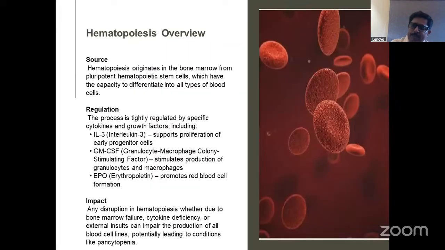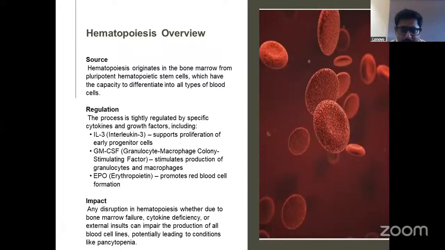Let's go to some basics of what happens in hematopoiesis. Hematopoiesis originates in the bone marrow from the pluripotent hematopoietic stem cells, which have the capacity to differentiate into all types of blood cells, and which is tightly regulated by specific cytokines and growth factors: interleukin 3, which supports proliferation of the early progenitor cells; the granulocyte macrophage colony stimulating factor, which stimulates the production of granulocytes and macrophages; and the erythropoietin, which promotes red blood cells.